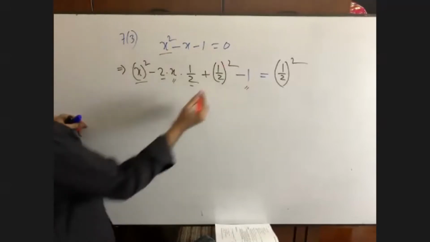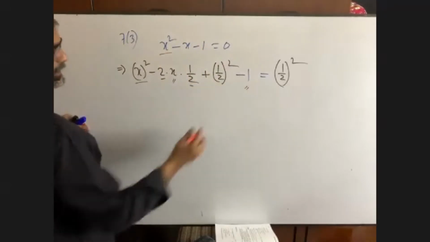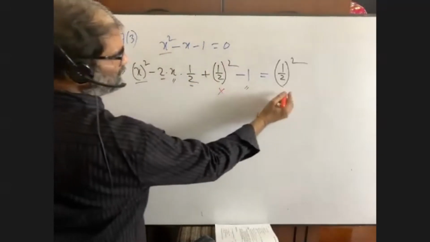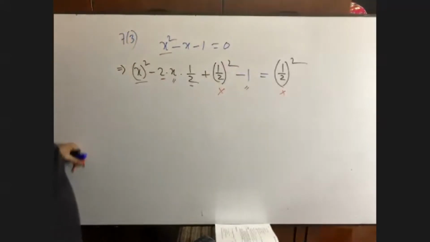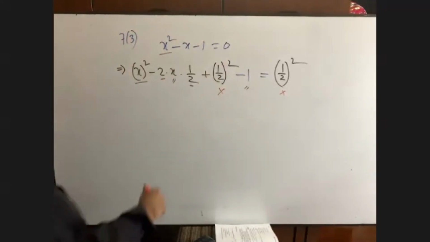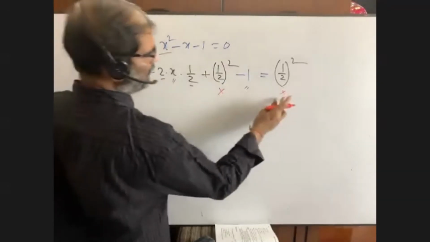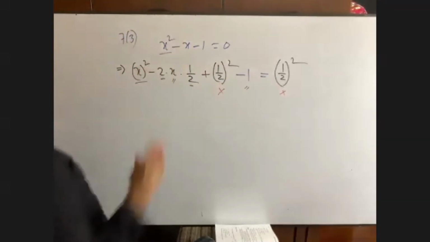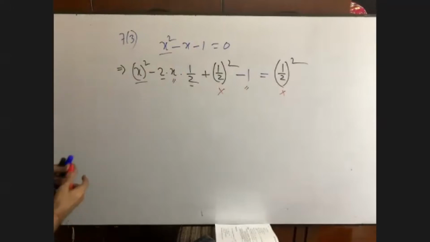So you see, this half whole square is not in the left hand side, so this half whole square has been added to the right hand side also. And if you cancel this half whole square and half whole square, then we are getting the same as we had, right?